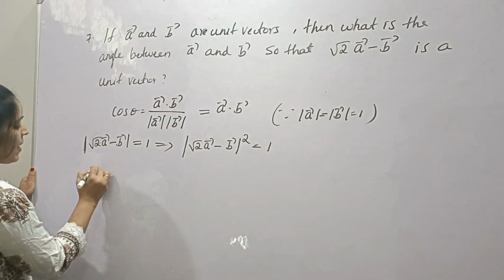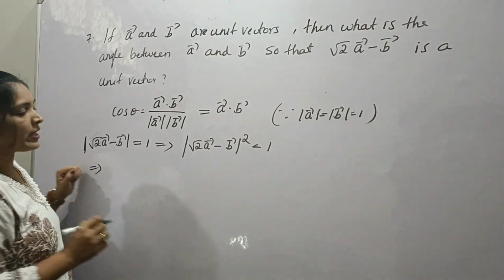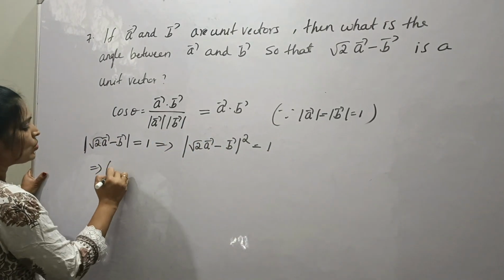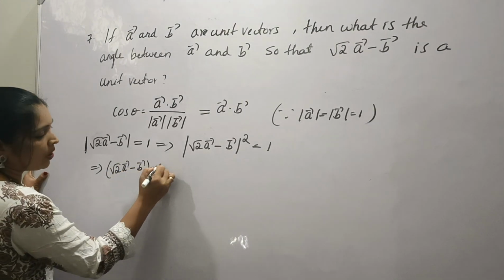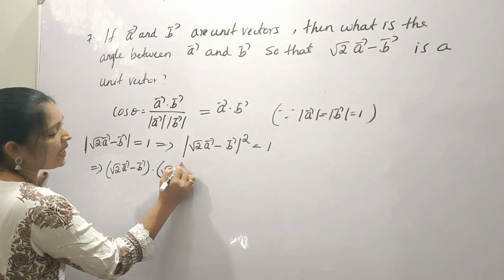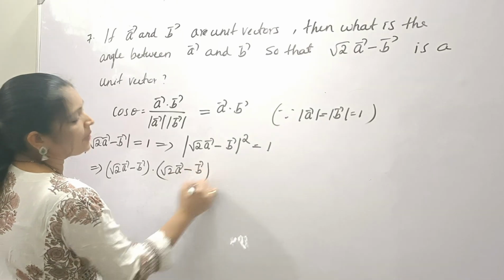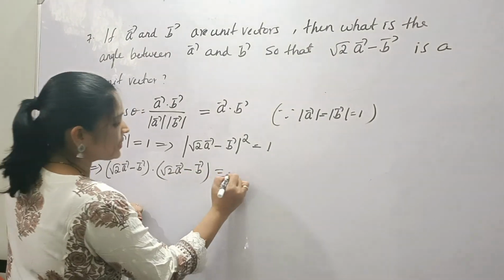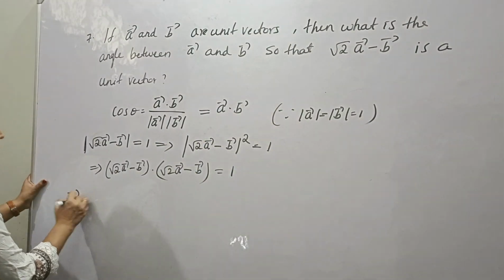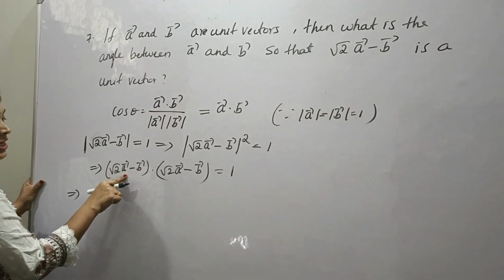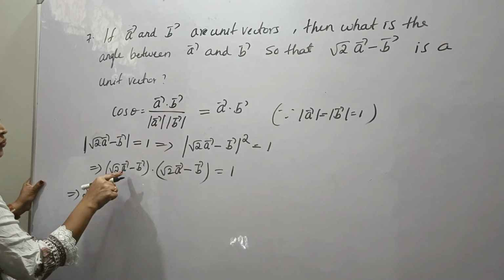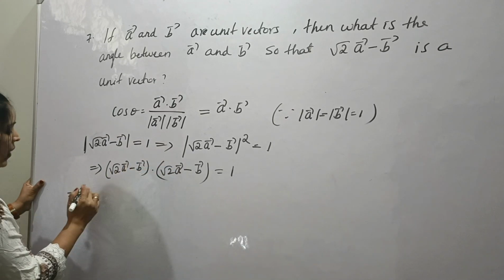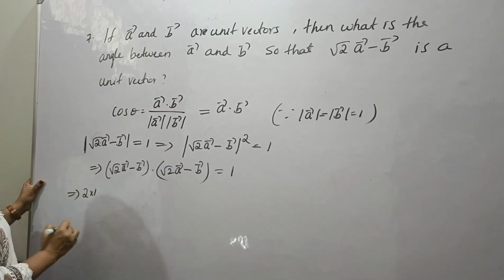This can be written using the scalar product of two vectors: root 2 vector A minus vector B dot root 2 vector A minus vector B. Right? Expand this, that is equal to 1. This implies root 2 vector A dot vector A, root 2 into root 2, 2, so 2 into vector A dot vector A, 1. Right?